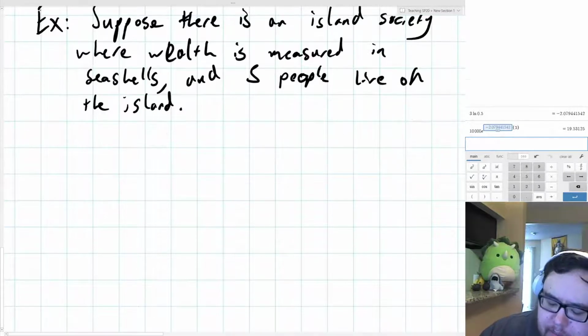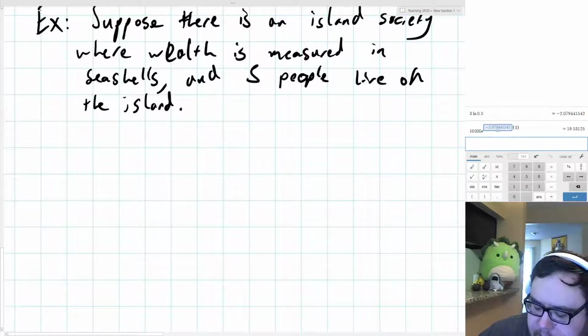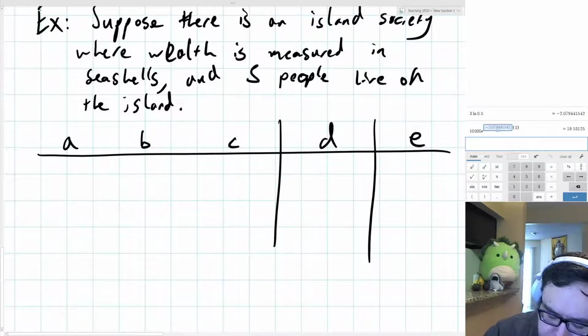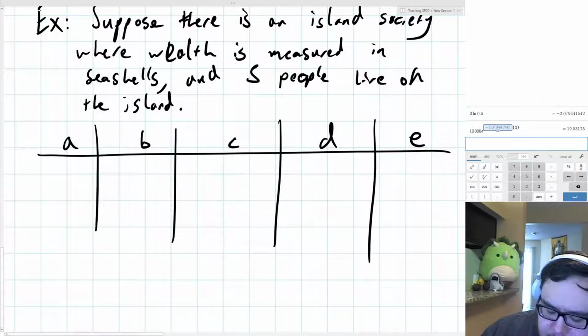But here we have our island society where wealth is measured in seashells. There's 5 people on the island: A, B, C, D, and E. Person A has 5 seashells. Person B has 10 seashells.